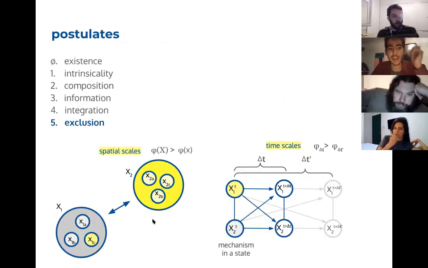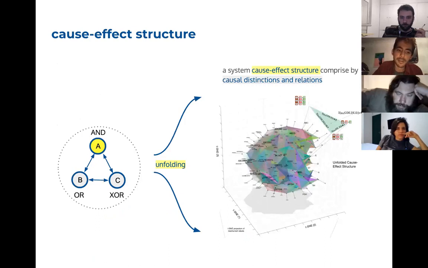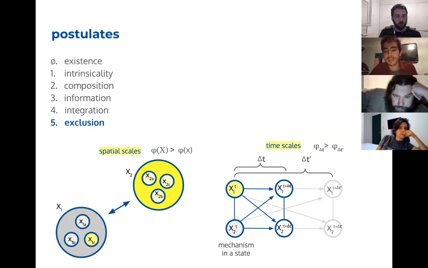And exclusion, again, is relevant, I guess, for the interesting stuff which Ho will explore. You do this search for a given scale, but you would also need to ask whether this is the best scale that integrates information.